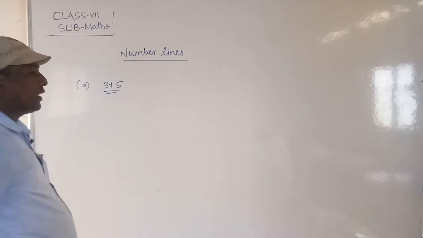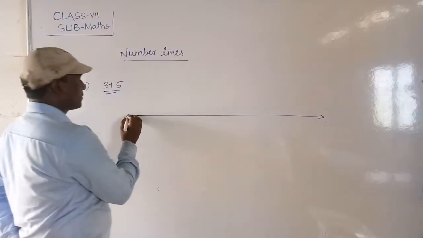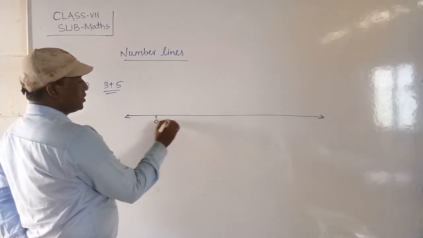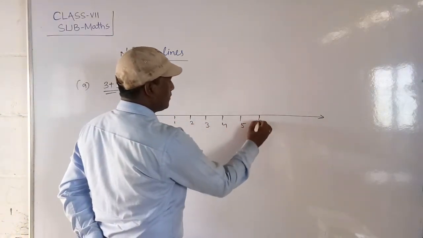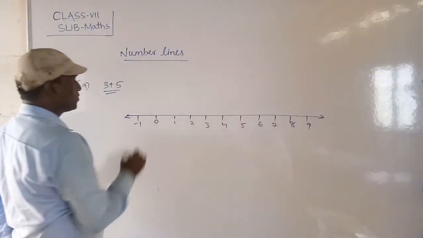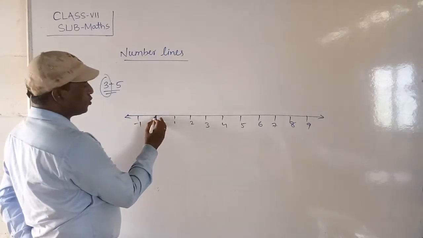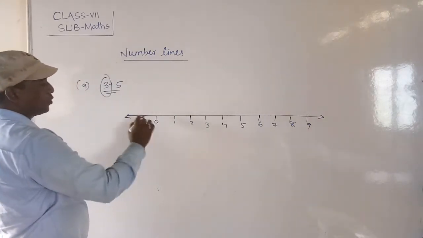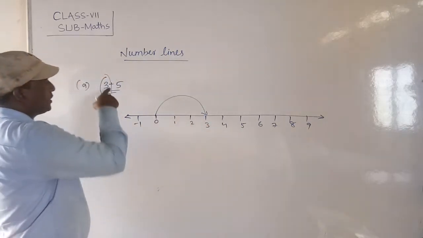First of all, draw the number line: 0, 1, 2, 3, 4, 5, 6, 7, 8, 9 and a minus 1. Observe the first number, what is that? 3. So first, start from 0. Always you must start from 0. 1, 2, 3.